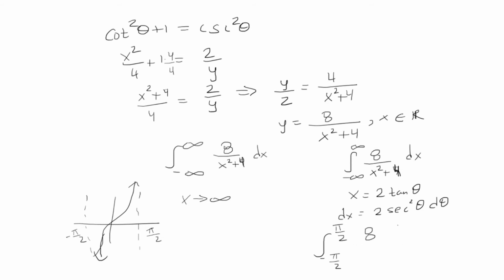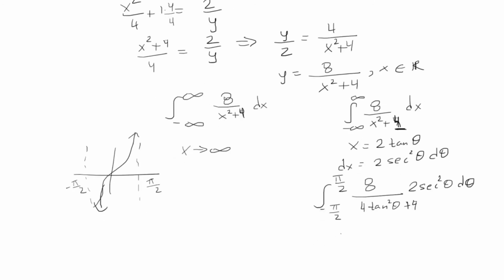I would have 8 over x squared, which is just 4 tangent squared plus 4, right, from this 4 over here. And then dx, I replace it with 2 secant squared theta d theta. Now I can factor out a 4 in the denominator, and that just becomes tangent squared plus 1, which is actually secant squared.